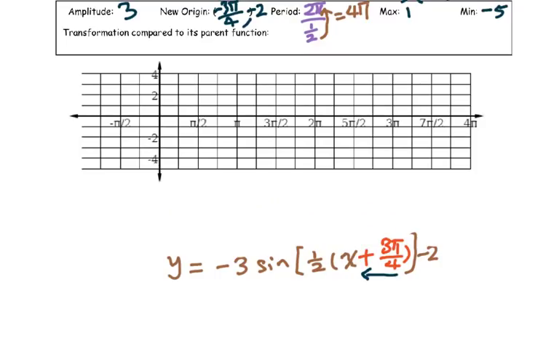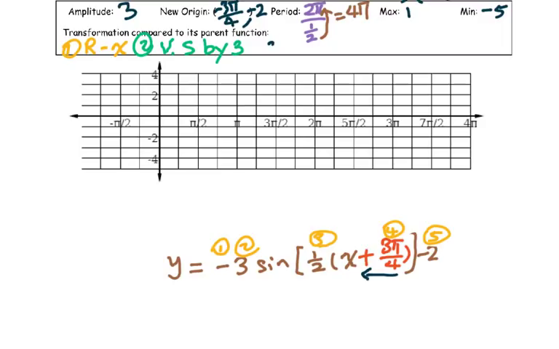For transformation, we have 1, 2, 3, 4, and 5. First step, reflect across x-axis. Second step, vertically stretch by factor of 3.